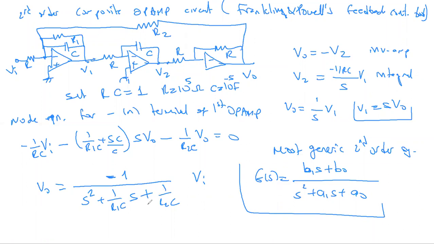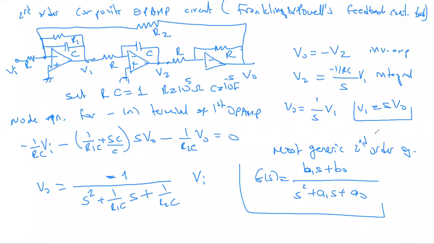I know that by selecting R1 and R2 in this circuitry, I can emulate any transfer function's denominator. But for the numerator part, I'm not there yet. I have a constant in here, but not an s term. When we look at V1, V2, and V0, can we get any term with s in the numerator?